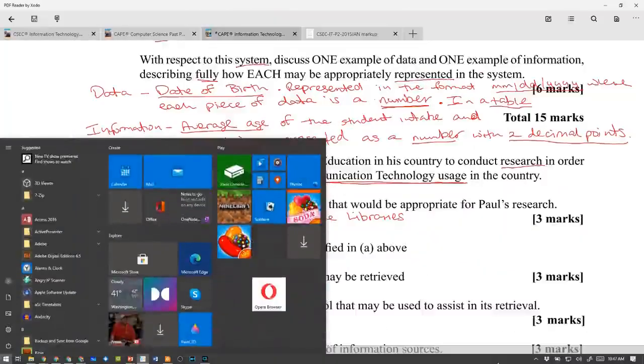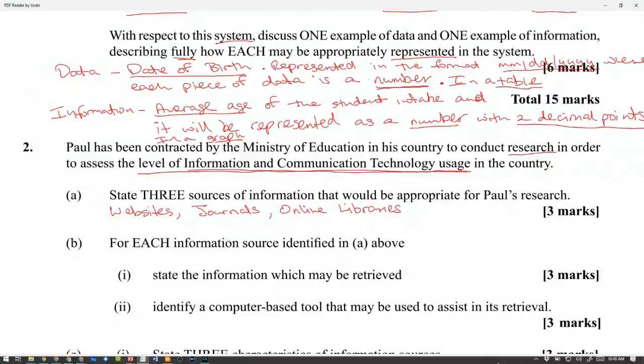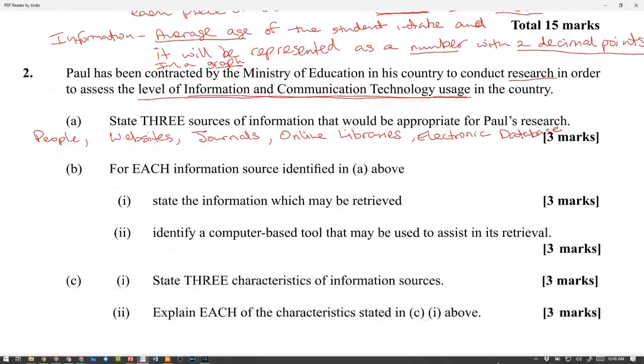What else? Yeah, electronic database could be one. People would also fall in, because you could administer questionnaires to a sample of the people. So that would be an appropriate source too. So we put in people.